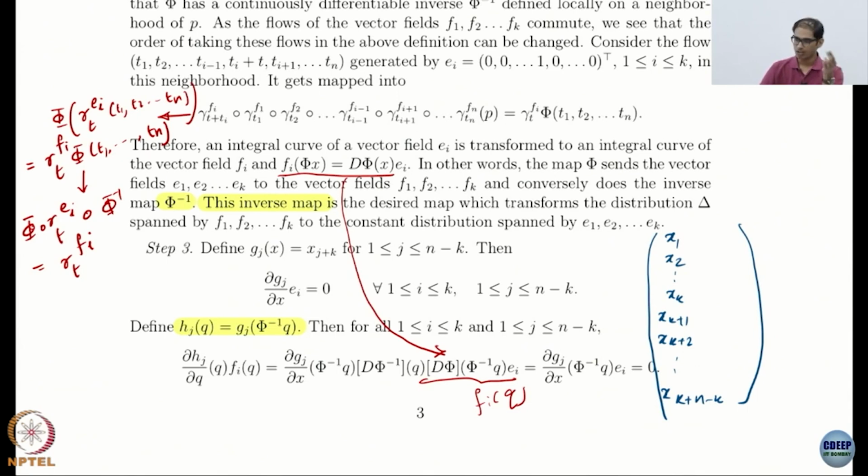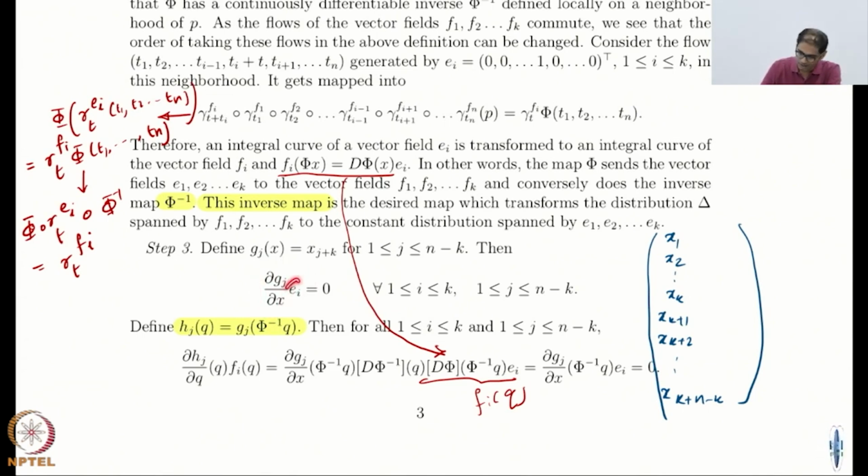So this will definitely have 1 in the j plus kth position, and Ei will have 1 in the ith position, and i is less than or equal to k. Therefore, this is a dot product, so they don't have 1 in the same position, can never have. That's how I chose it.